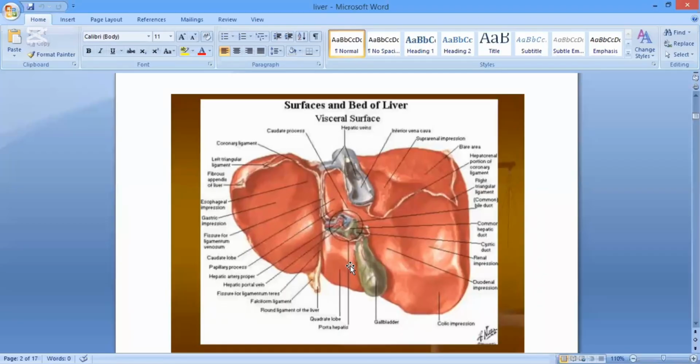Where the portal triad divides into right and left, the part just to the right of this fissure is functionally the right lobe, and the part just to the left of this fissure, including the caudate lobe and the left lobe, is functionally the left lobe.